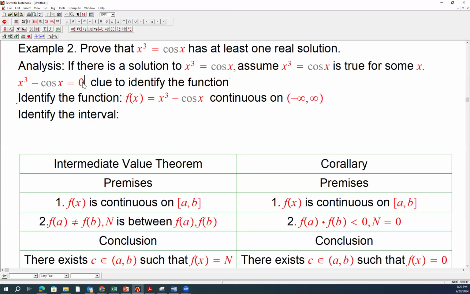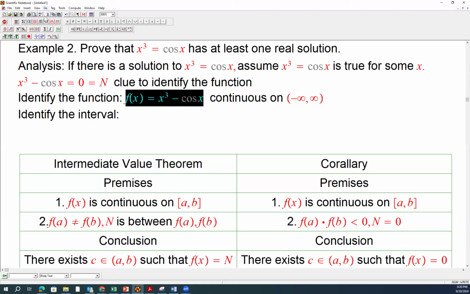We know that this is going to be our capital N. So whether you say I'm quoting the intermediate value theorem or the corollary, it really doesn't matter. But we need to identify the interval. That interval contains 0 because N has to be in between f(a) and f(b), which must contain 0. So we're going to try to figure out what. The easiest thing to do is to say, okay, one is positive, the other one is negative.